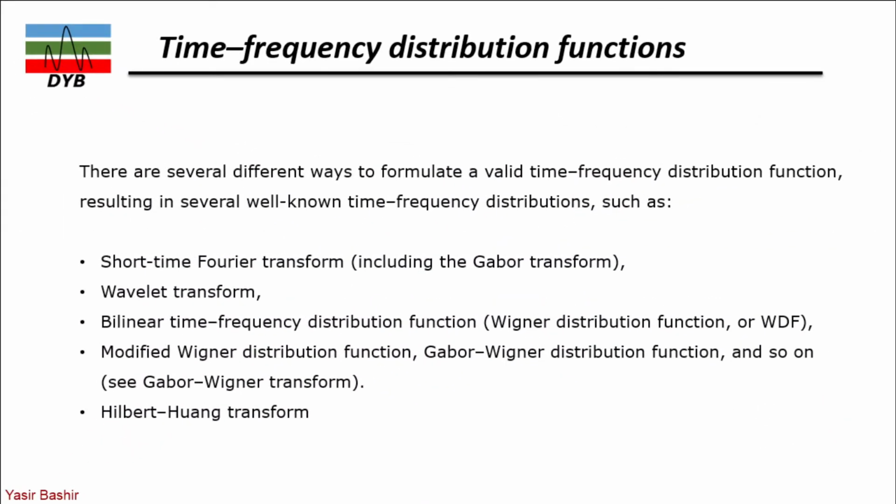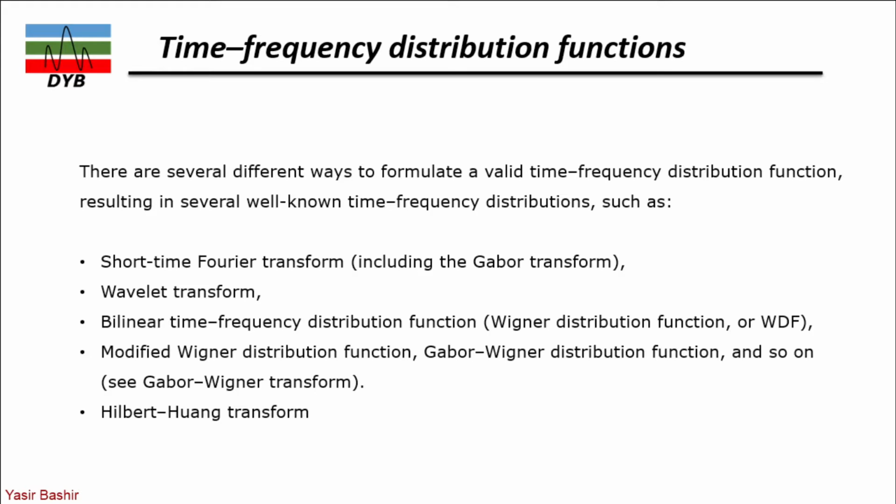So what are the distribution functions of time frequency analysis? In the industry, we have a lot of functions, and there are different ways to formulate a valid time frequency distribution function, resulting in several well-known time frequency distributions, such as the short-time Fourier transform, as mentioned, and also the Hilbert transform.